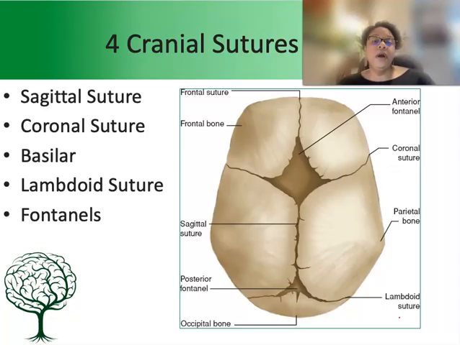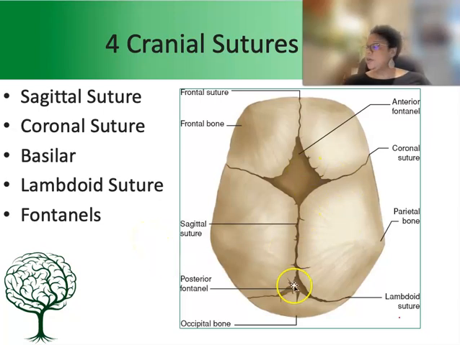Okay, so for our cranial sutures, we have really four listed here, and the basilar suture as well. You can't really see that one, but I'll explain where it's at: lambdoid, coronal, and sagittal. And then we have our fontanelles also listed here, because we do have to consider the fontanelles when we are talking about pediatrics.